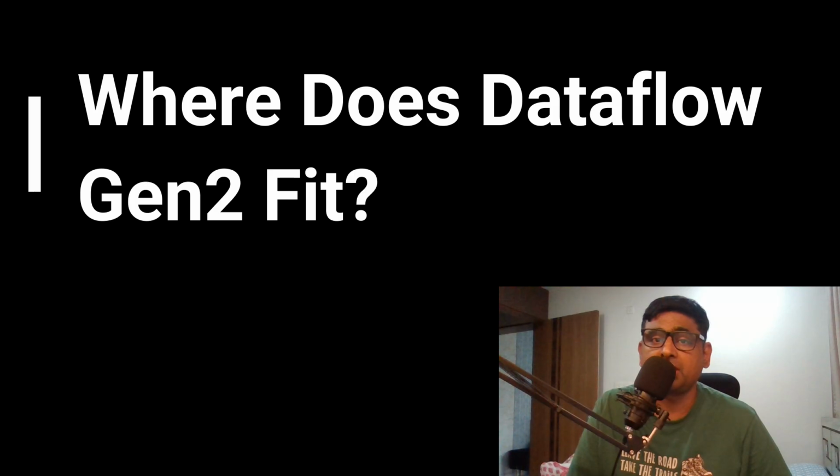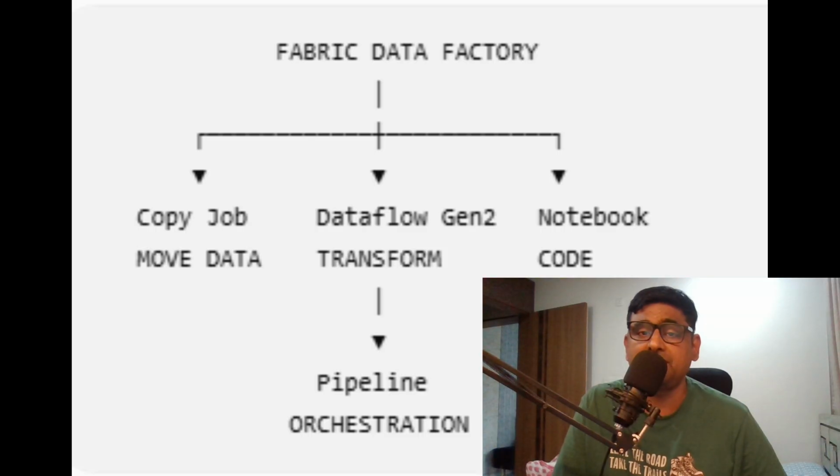So where does Dataflow Gen2 fit? Before I open Fabric, let's understand where Dataflow Gen2 fits. In a typical Fabric solution, I might have different ways of moving and processing data. For example, I can use a copy job in Fabric when my primary requirement is to move the data.